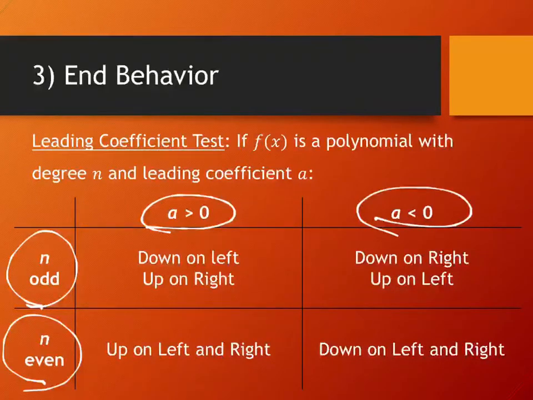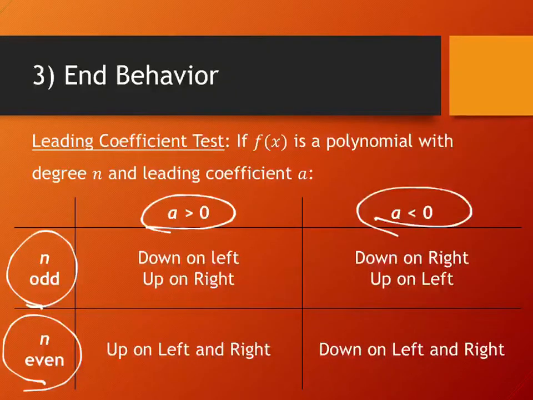If you have a graph that has an odd degree, the biggest exponent is odd, then the 2 ends go different directions. One end is going to point up and the other end is going to point down. And it will depend on whether your coefficient is positive or negative.